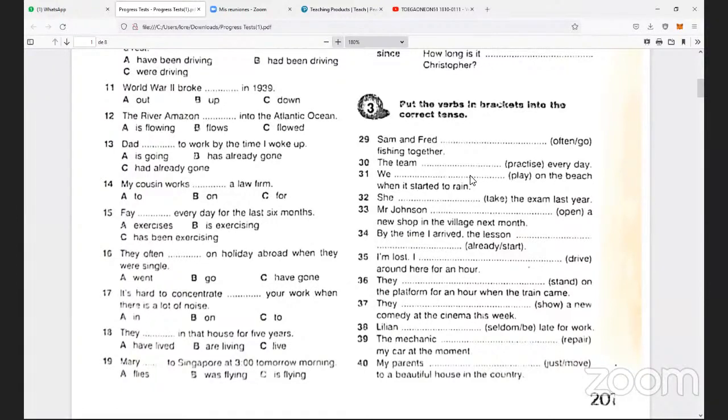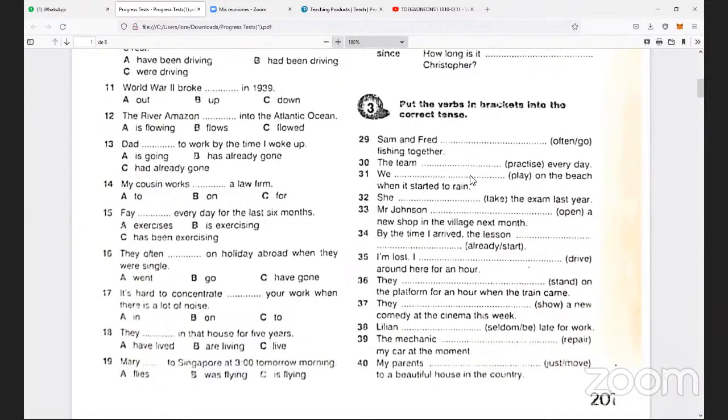The mechanic repaired my car at the moment. Yeah. In this case, as we're using the complement at the moment, we're going to use present continuous. Is repairing.